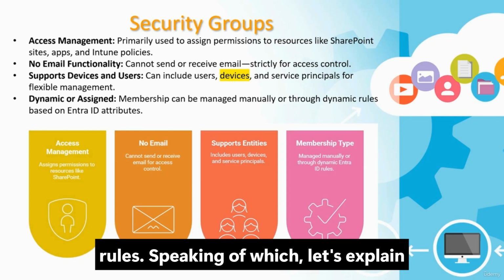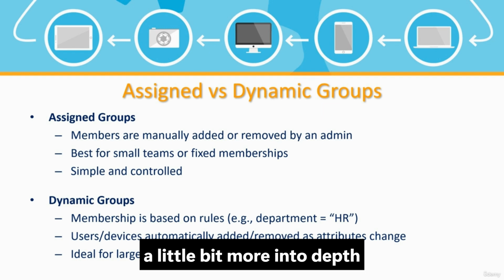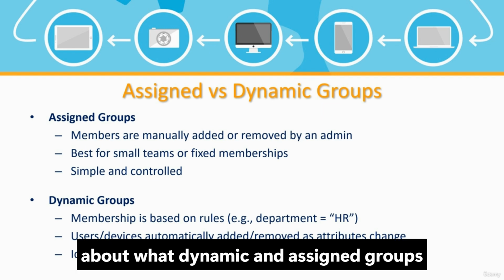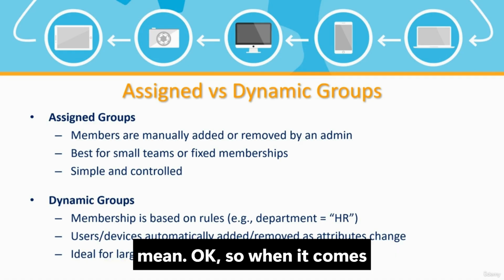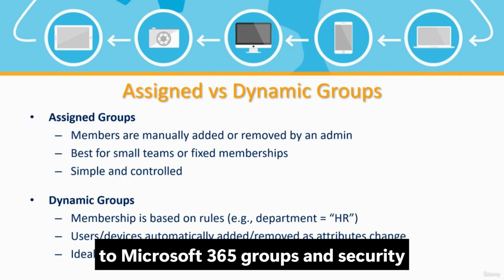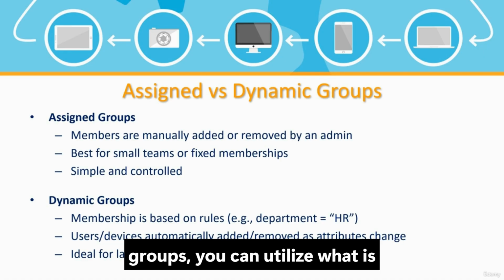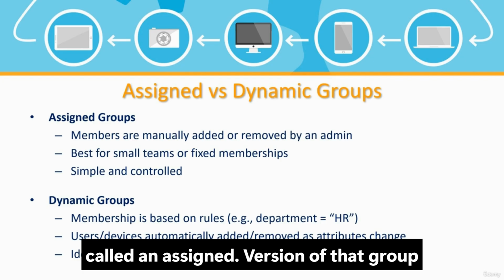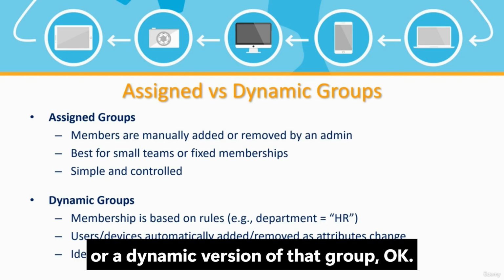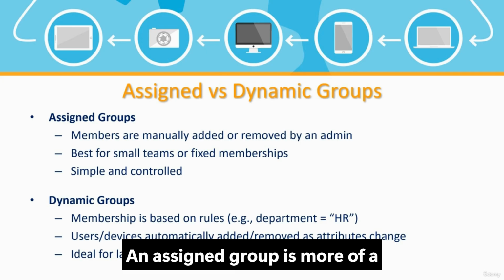Speaking of which, let's explain a little bit more in depth about what dynamic and assigned groups mean. When it comes to Microsoft 365 groups and security groups, you can utilize what is called an assigned version of that group or a dynamic version of that group. An assigned group is more of a traditional style of group.